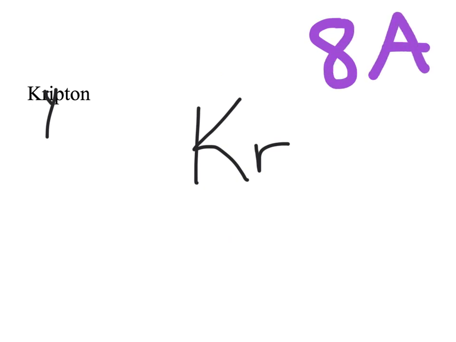You should have done something like this. Let's say if you begin from the top, you would have written something like this: 1, 2, 3, 4, 5, 6, 7, and 8. And those are the 8 valence electrons for krypton.